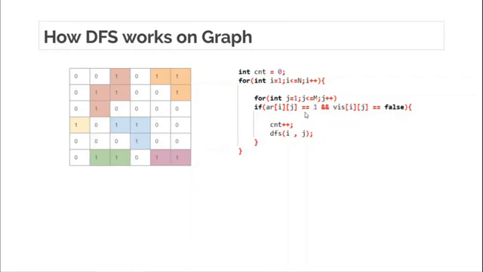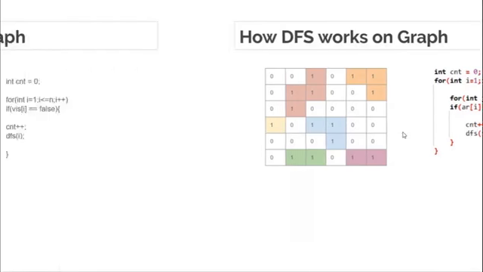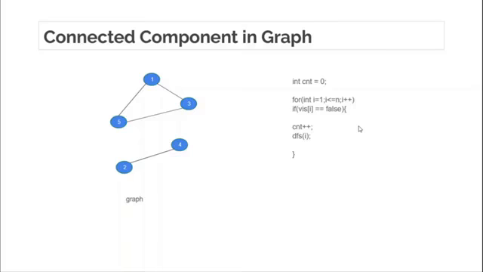So it is important to check whether the current cell has value 1. If the current cell has value 1 and that cell is not visited, we make a DFS call to that cell, as well as increment the connected component count. This is exactly similar to what we did here, so nothing changed.